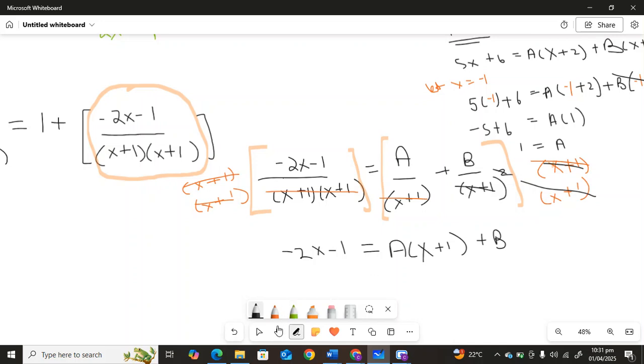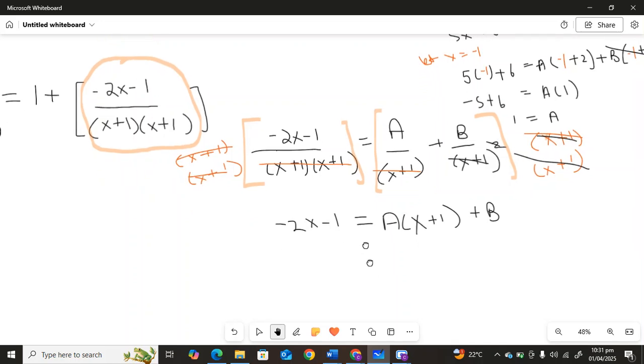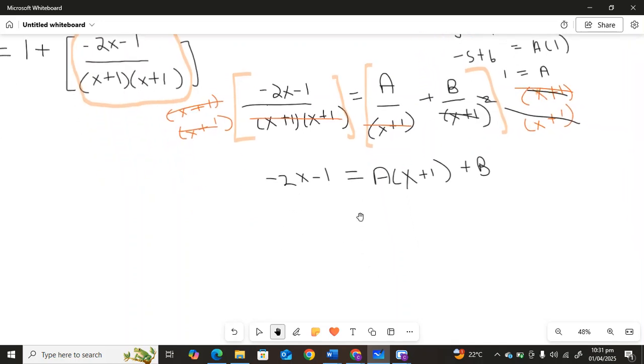Okay, so here we can start by getting the value of b by getting rid of a. Okay, because it will be kind of hard to get the value of a. You won't be able to get rid of b in this case.